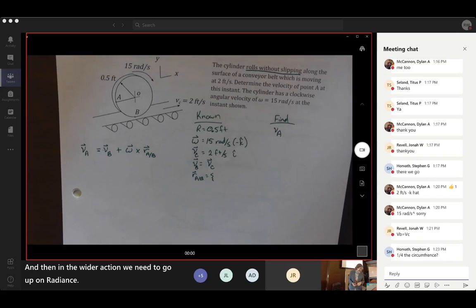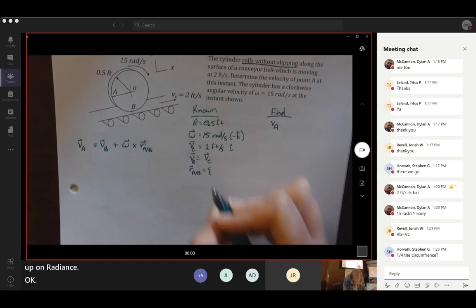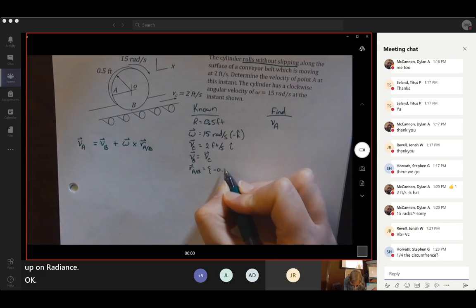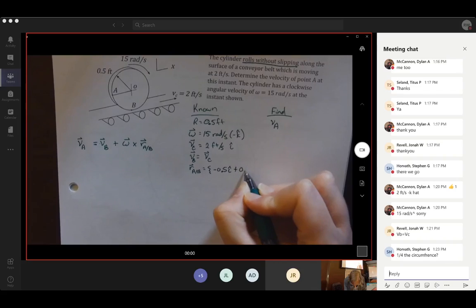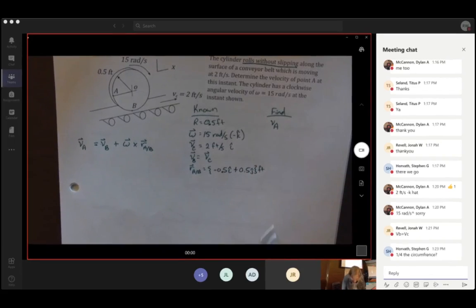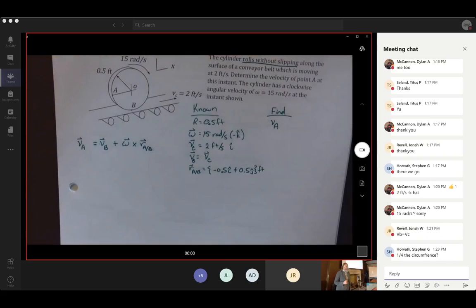Okay, so these are the pieces that we're trying to find.